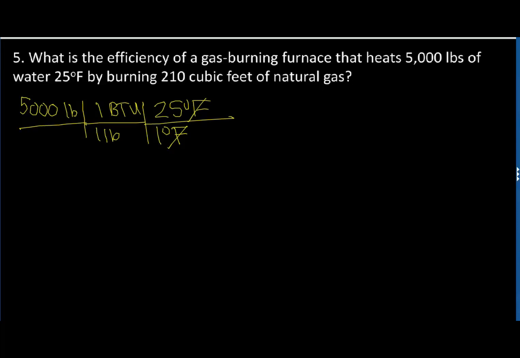This is that definition of BTU, remember? Okay. And now we need to figure out what this 210 feet is. Okay. And then whichever one's the largest is going to be on the bottom, because you can't have a machine that is more than 100% efficient. So you can just put the one that is larger on the bottom.